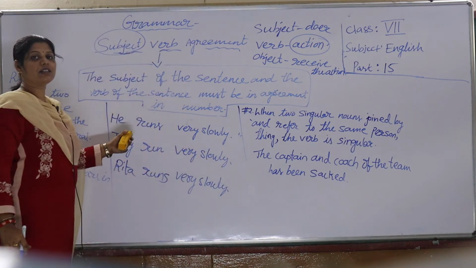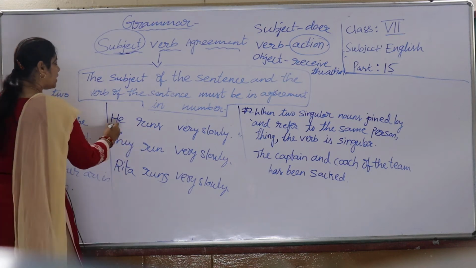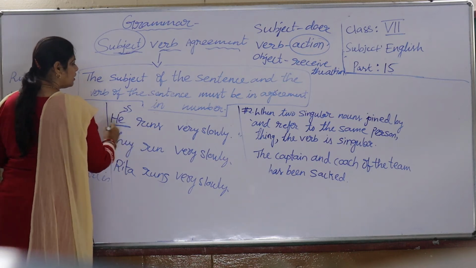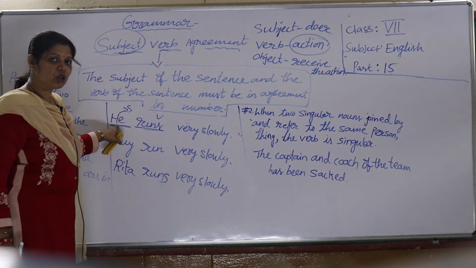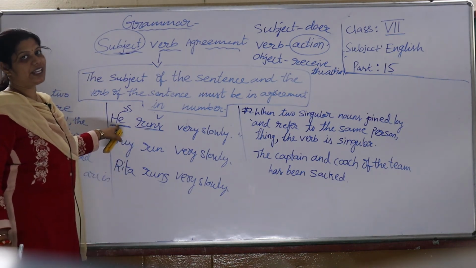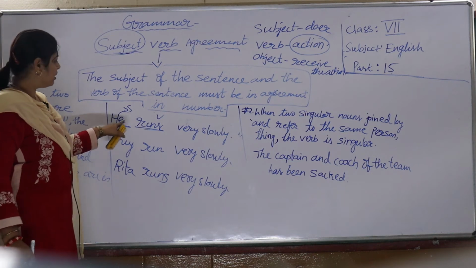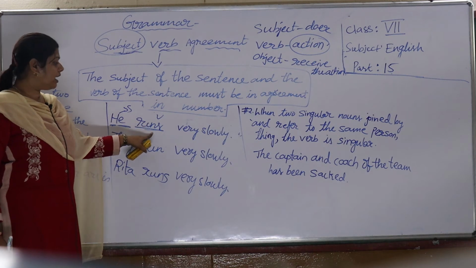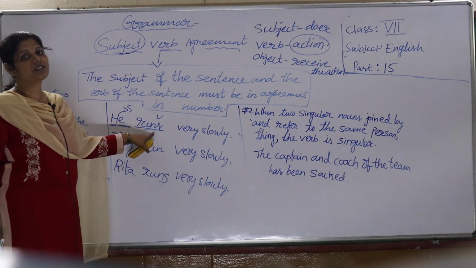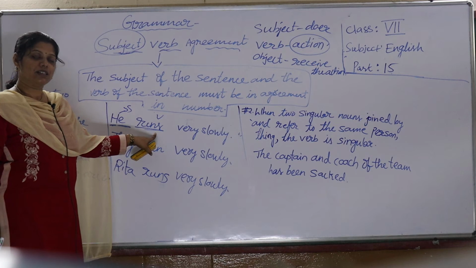So what is the subject verb agreement? If you see, he is your subject, runs is your verb. As I said, third person singular always takes what? A singular verb. In what way is it singular? Here, when the verb carries s or es, it is singular.